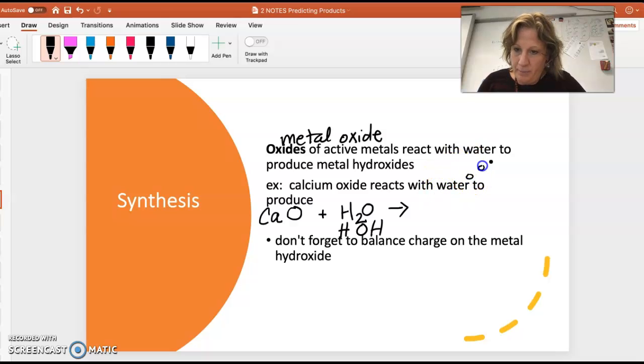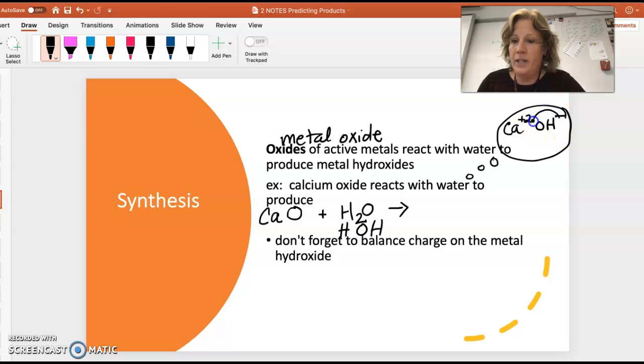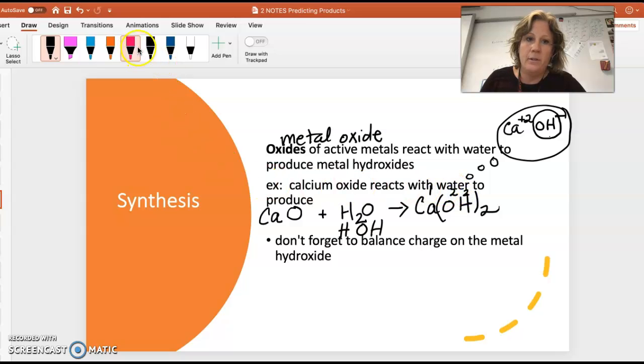So my thinking bubble's up here. The metal is calcium. Hydroxides are on my pink polyatomic ion chart. So to balance charge, I need 2 of these. So the formula would be Ca(OH)2. So if I try to balance this, I have 1 calcium, 2 oxygens, and 2 hydrogens. I have 1 calcium, 2 oxygens, and 2 hydrogens. So it is actually balanced already.